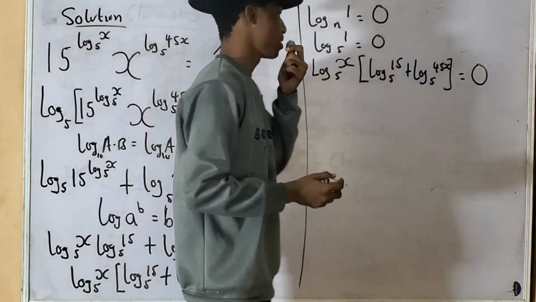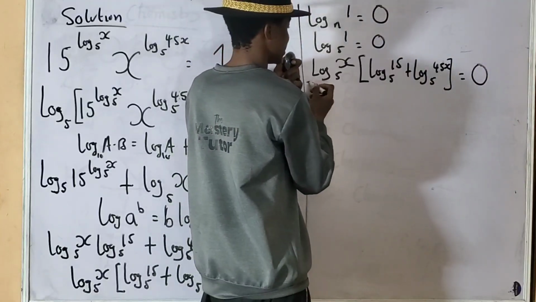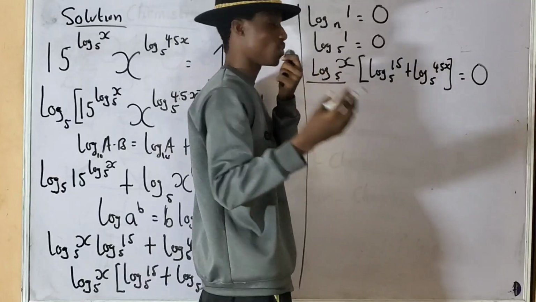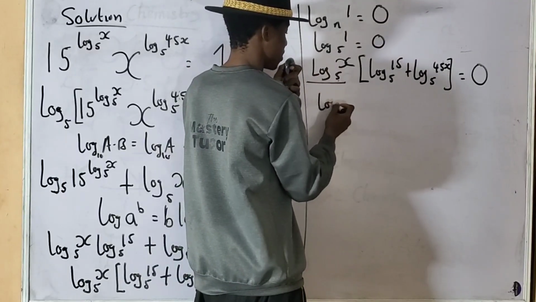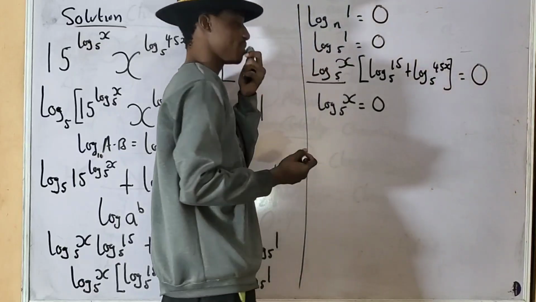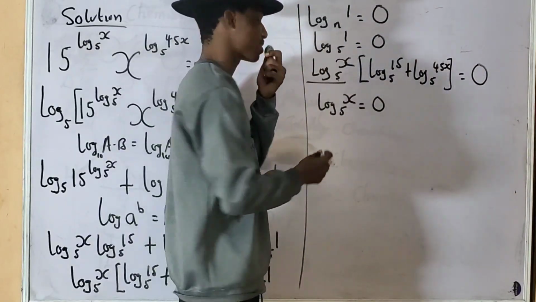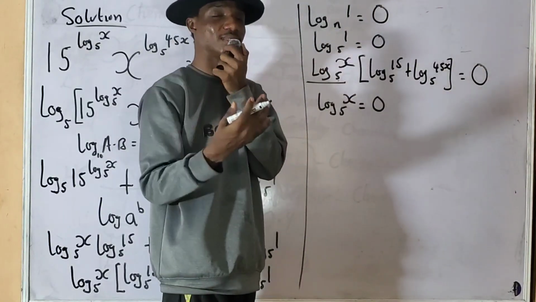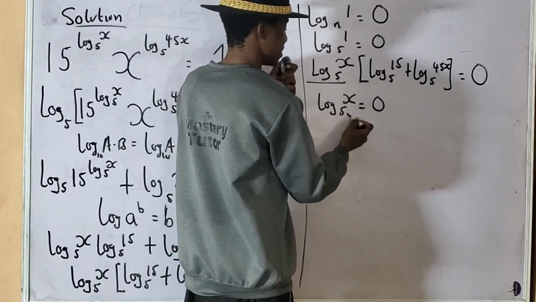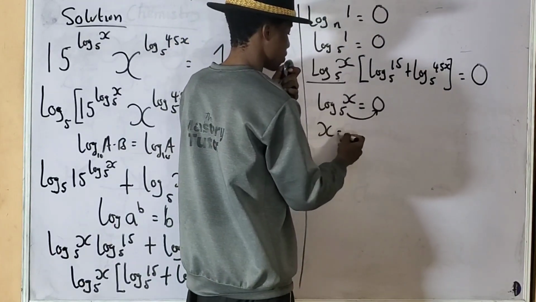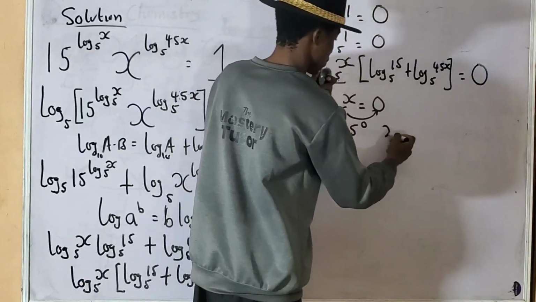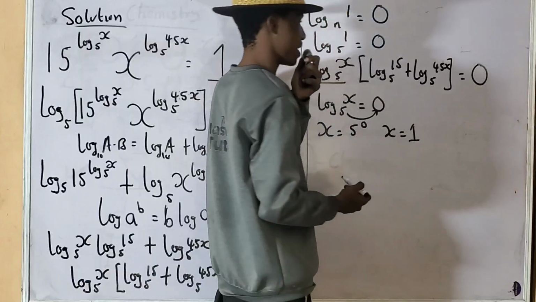Now I'm going to set this log x base 5 equal to 0. So I'm going to have log x base 5 equals 0. Now, to get the value of x, I'm going to rewrite this logarithmic equation in index form. In index form, I'm going to have x equals 5 raised to the power of 0. So x will be equal to 1, which is the first answer for x.